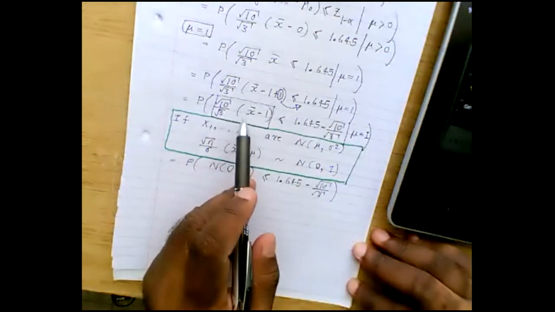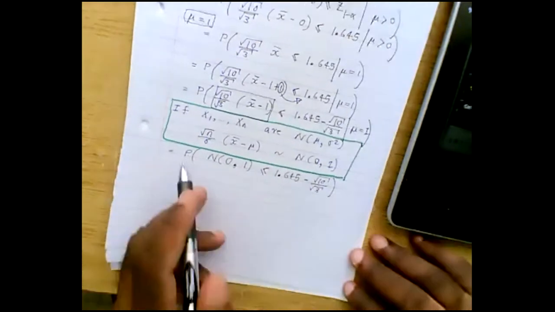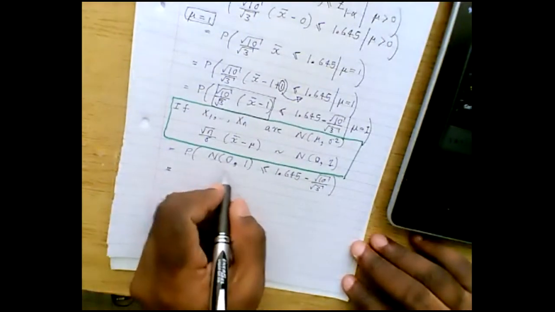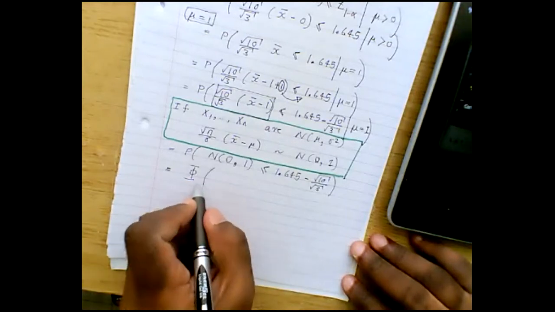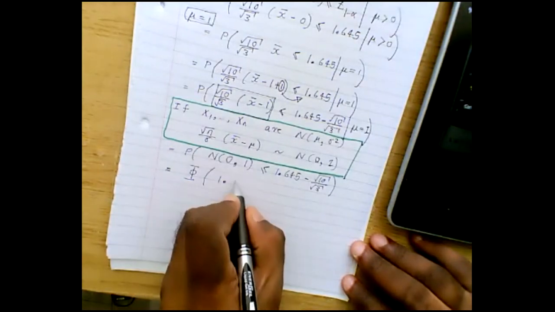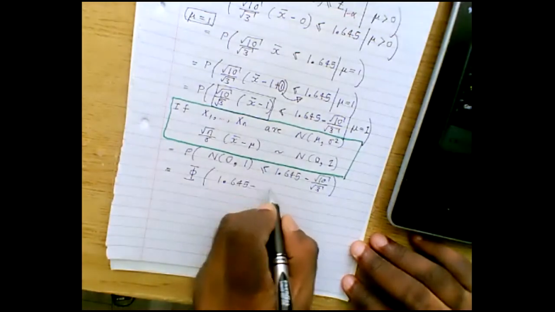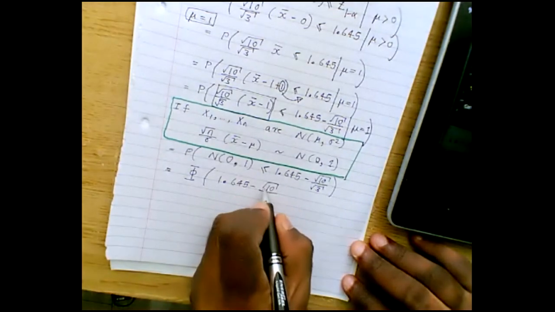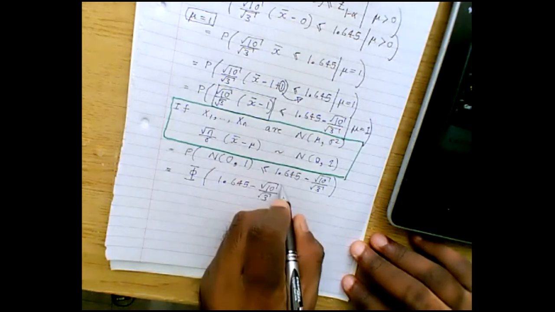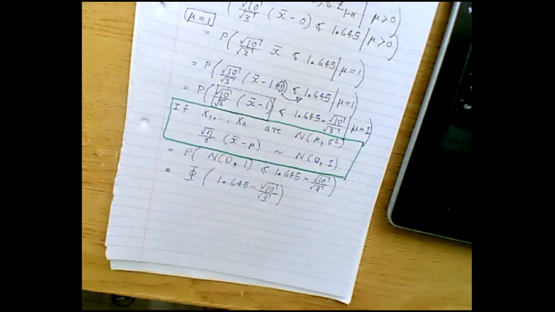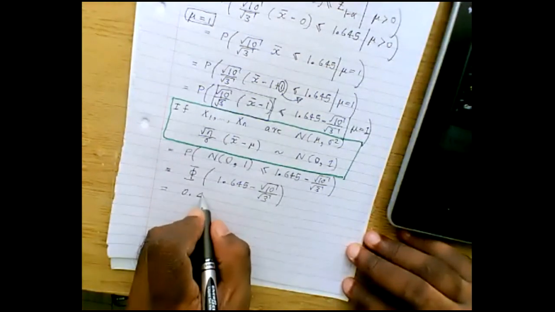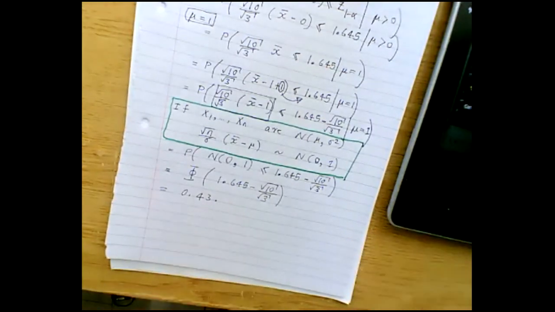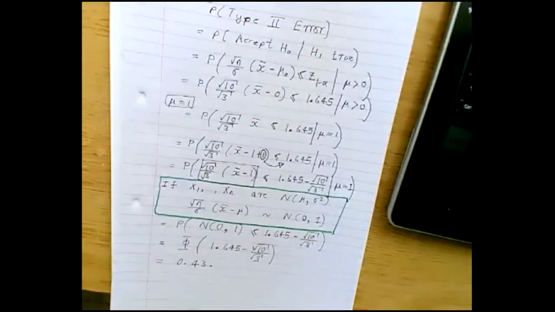And finally, you can write this as phi. Remember, phi is the CDF of the standard normal. If you work this out using the table or some other means, you will get 0.43. Are you okay with this?